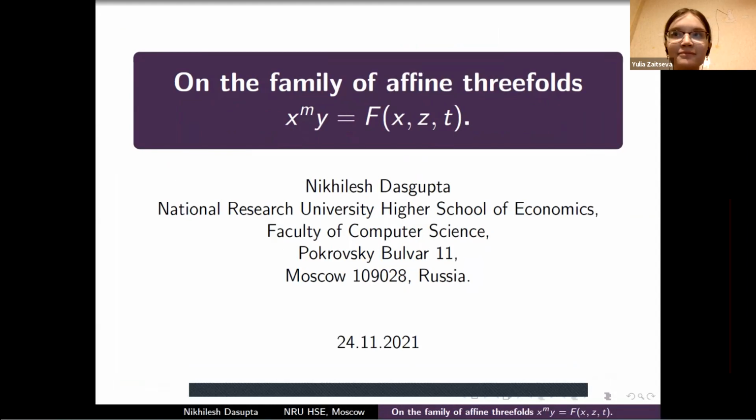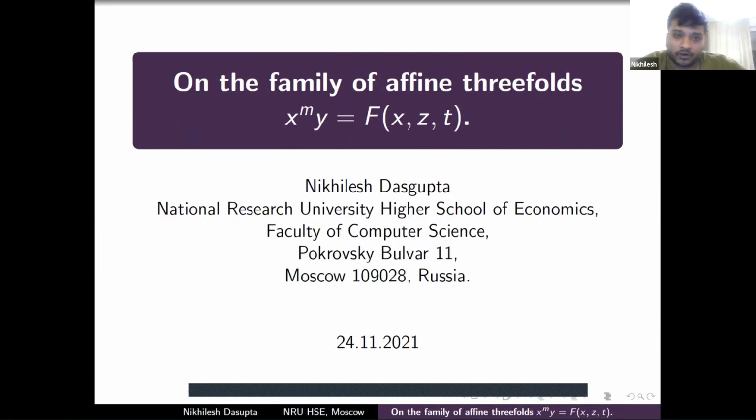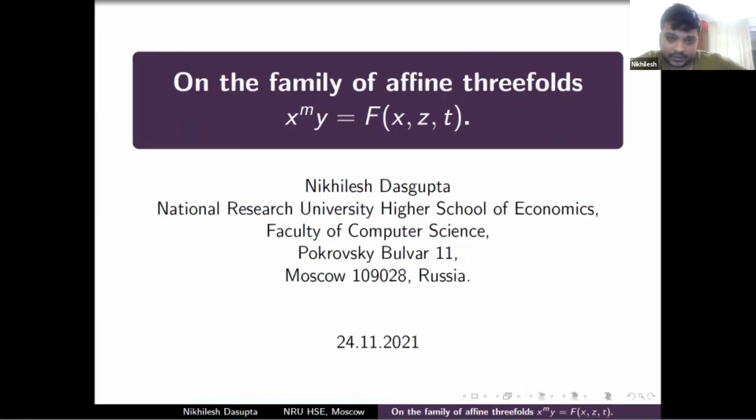Yes, thank you. Okay. So as you can see, the title of the talk is on the family of affine threefolds of a very interesting and special type, given by x^m = f(x, z, t). You can view this as an equation in k[x, y, z, t] over any field.